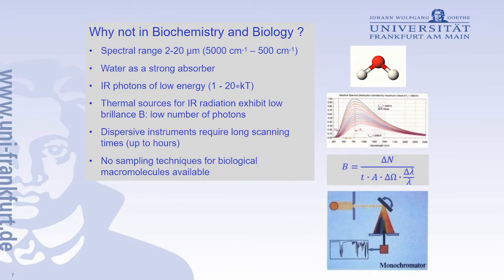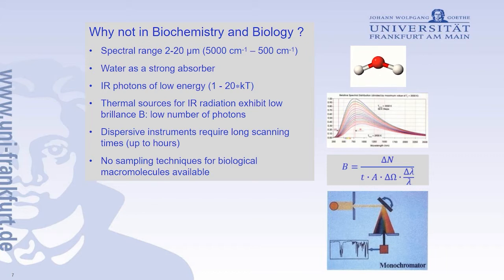The question is, why did it take so long before infrared spectroscopy entered biochemistry and biology and medicine? First of all, the spectral range we'll focus on is around 2 micrometer to 20 micrometer, or as IR spectroscopists used to say, 5,000 wave numbers to 500 wave numbers. In that range, we have water as a strong absorber at several points of the spectrum, which makes an application of IR spectroscopy in biology already a bit difficult.